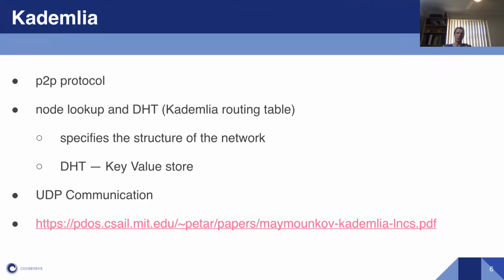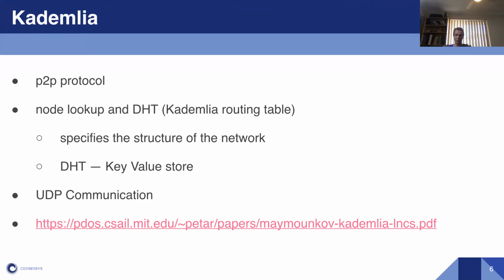The distributed hash table is a key value store. Kademlia runs over UDP as its communication and networking layer, and it's specified in the paper that's linked there. You can Google Kademlia and you'll end up with the paper that talks about it.